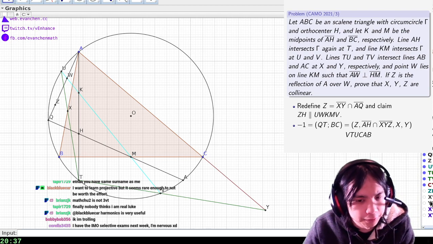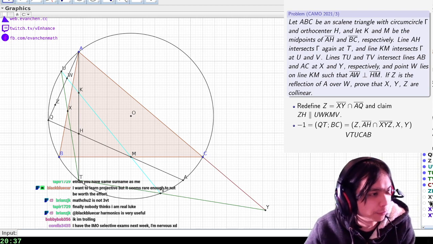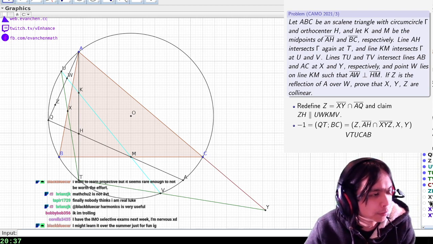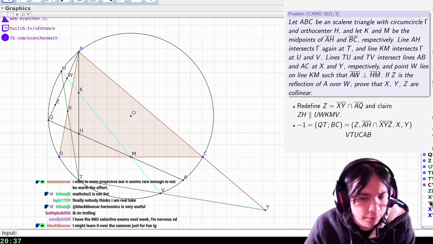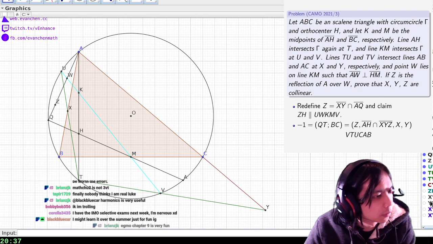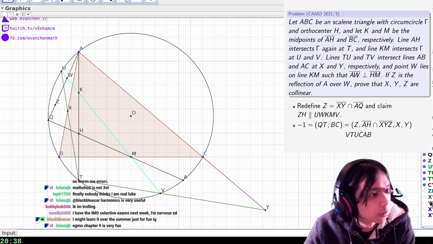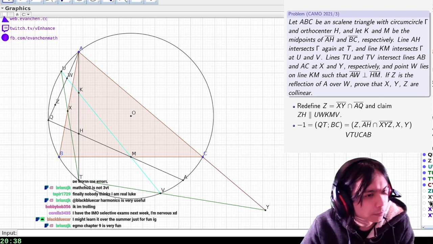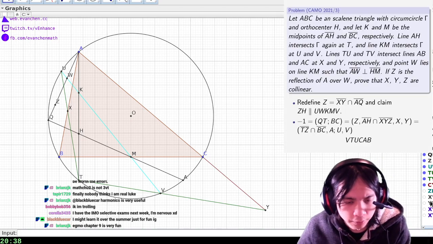Which is then equivalent to, now I can project out through T, and you get TZ intersect BC, A, UV. Okay, I'm gonna hide the Pascal because I don't think this will need it now.